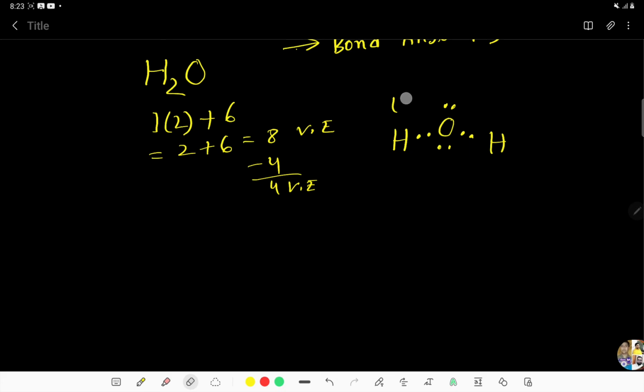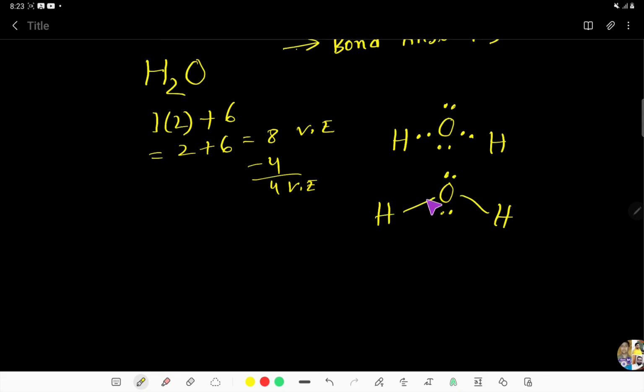Now let me discuss the hybridization of the oxygen atom in water, that is, H2O hybridization. For that we need knowledge about the steric number, that is, electron regions, right? We can express this molecule like this.